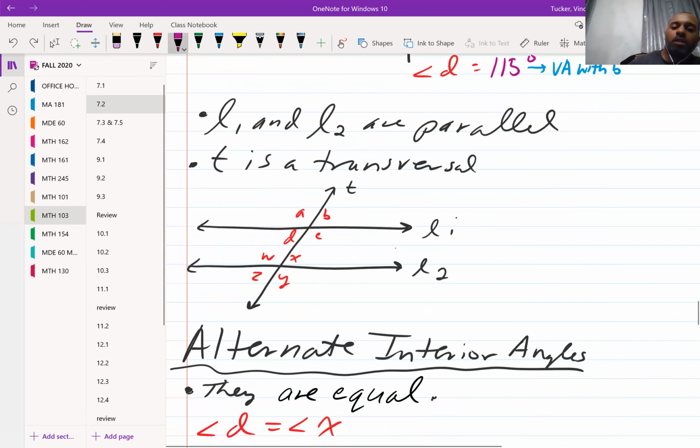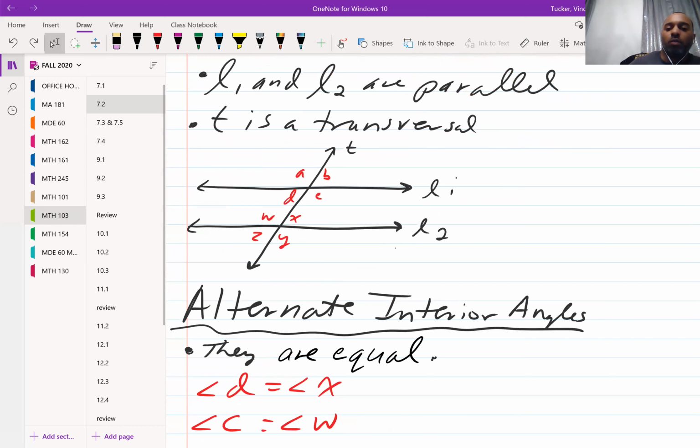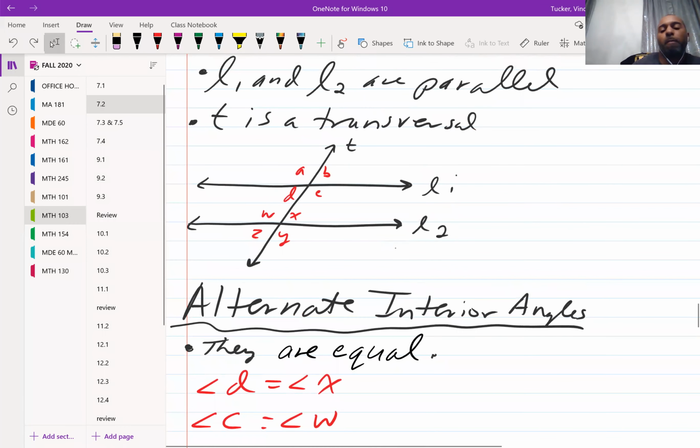All right. So we're looking at alternate interior angles as the first type of angles that we'll have whenever you have two lines that are parallel and are intersected by a transversal. So we're looking at D and X, and then C and W. They're alternate, so they're on opposite sides of the transversal, and they're interior.